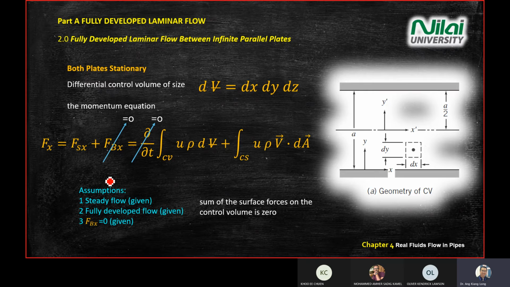And then we don't have body force. We take out the body force component. You only have the surface force in x direction and what happened in the control surface here. And remember, when you look at control surface, you look at velocity vector and area vector.